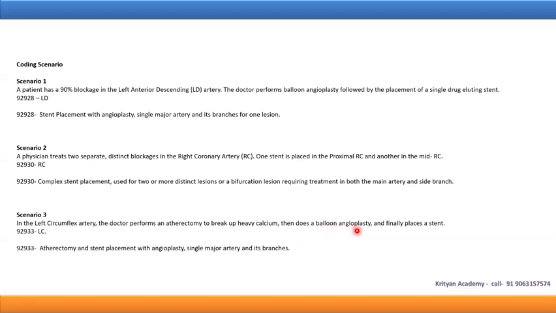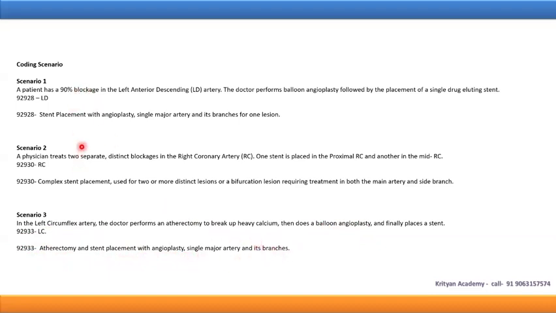Of course, angioplasty is always included, and this is the lowest one. So for atherectomy and stent placement, we have code 92933, and we are giving the modifier LC, and LC indicates left circumflex artery. So finally, the answer is 92933, and the description for that CPT code is atherectomy and stent placement with angioplasty, single major artery and its branches only.